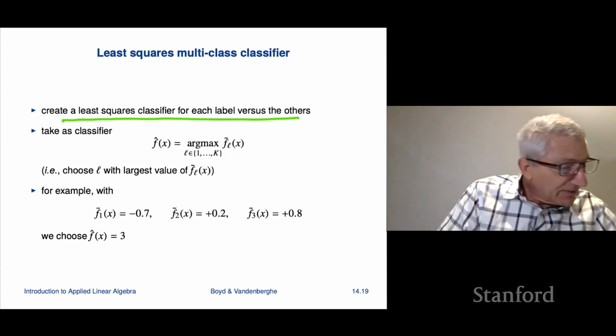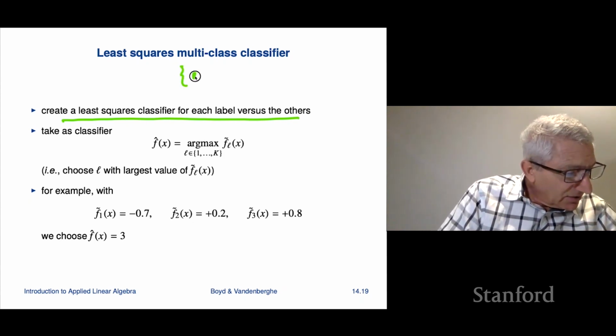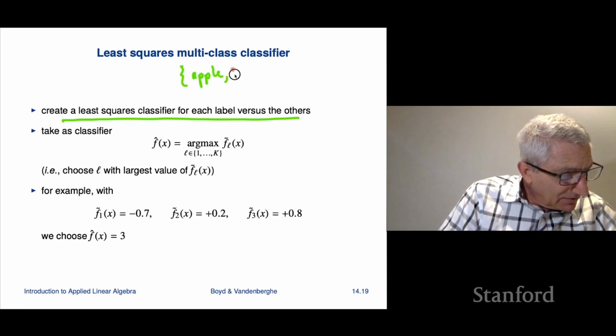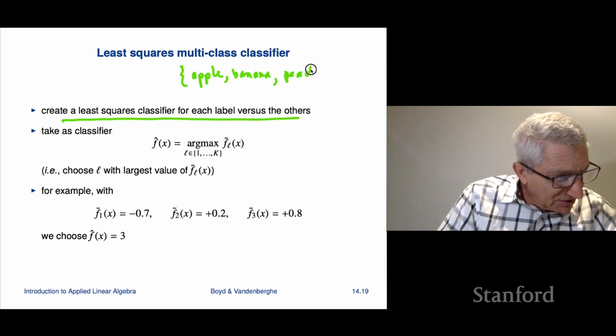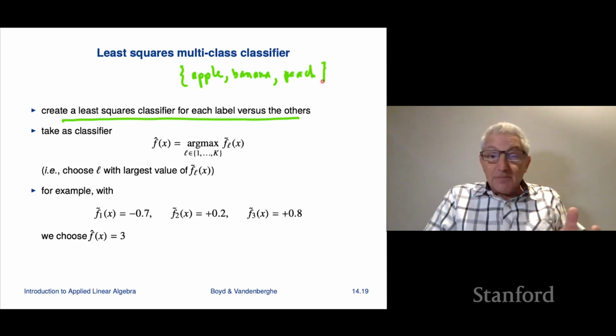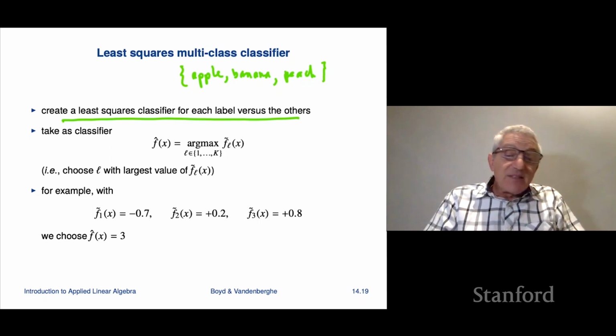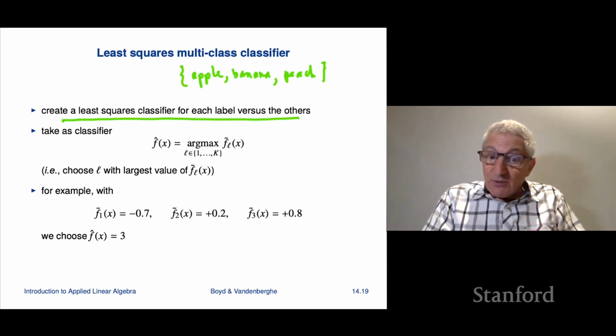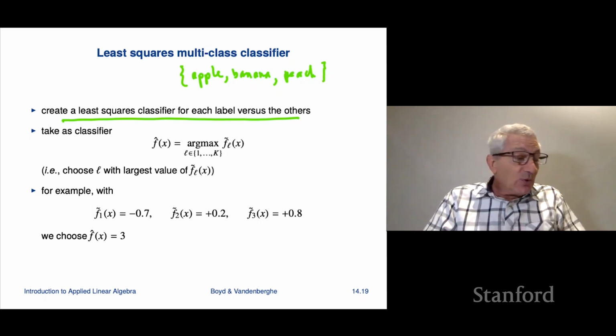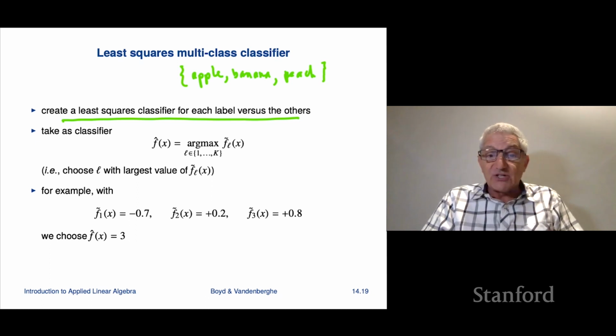So if in fact your labels are apple, banana, and peach, and you're given, let's say, an image, it doesn't matter, then what you would do, just like we did with the MNIST digits, is build a classifier that tries to predict whether it's an apple versus a banana or peach.